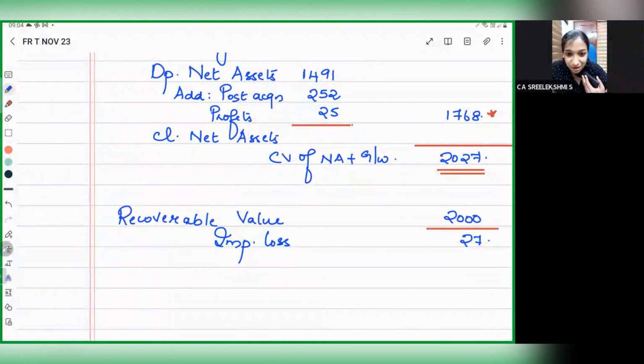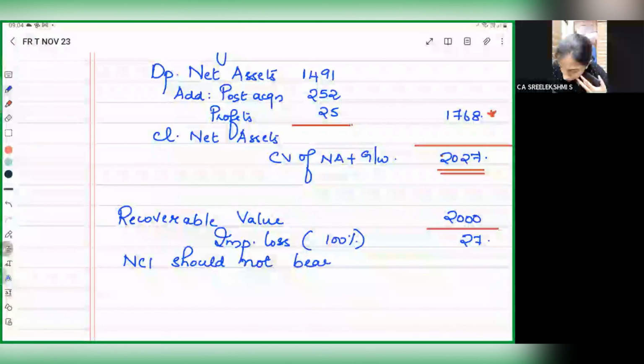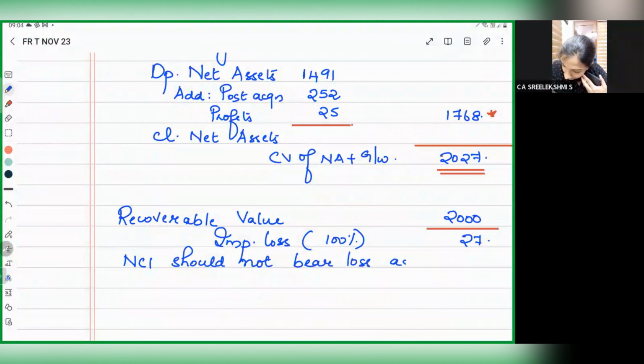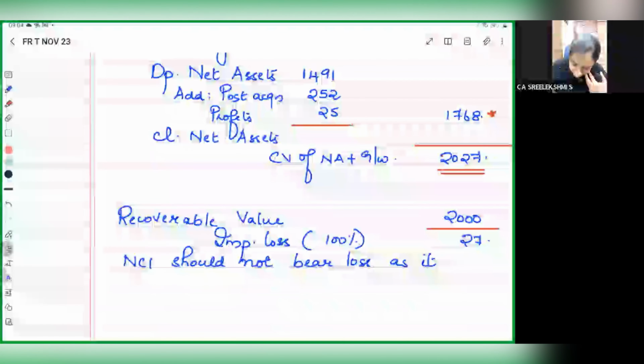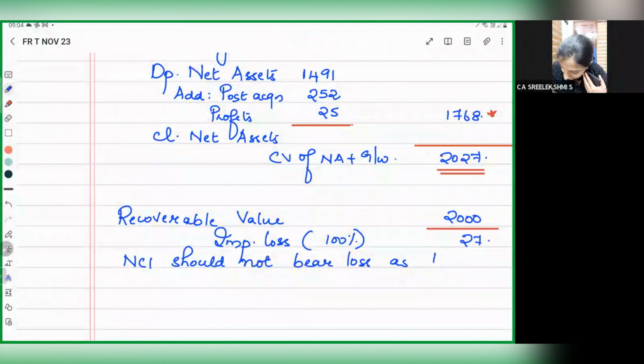So 27 is the impairment loss. 2027 is net assets plus goodwill, 2000 is the recoverable value, and 27 is the loss.